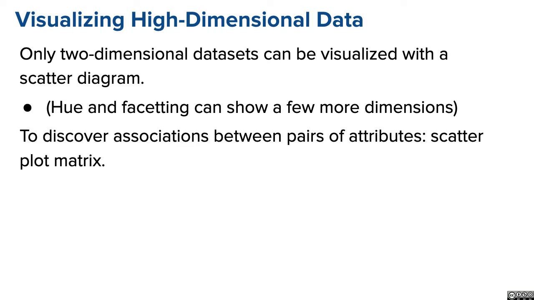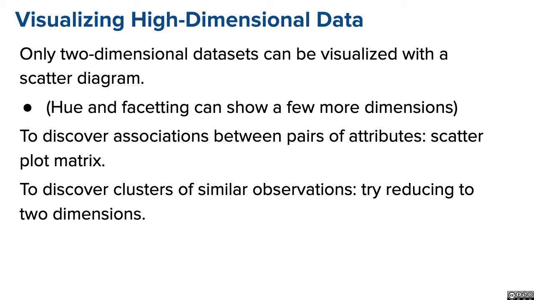But oftentimes what we want to do is figure out whether the observations cluster together. So even though it might be 7 million columns in our data table originally, what we can do is try to reduce the number of columns to maybe 2. And if we can reduce the number of columns to 2, then we can plot them on a scatter plot and try to find some patterns that we wouldn't have seen otherwise.